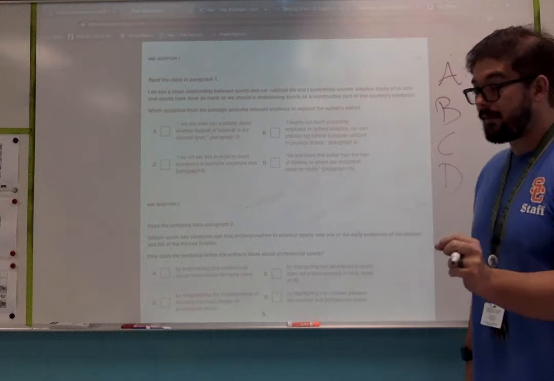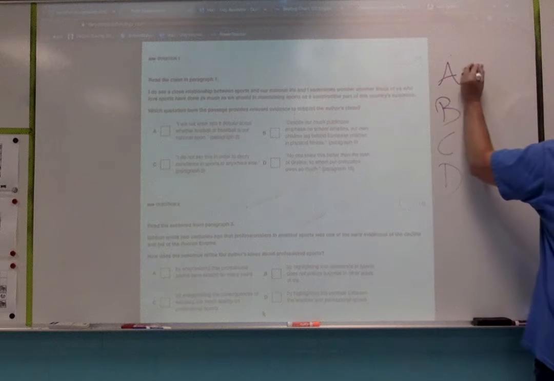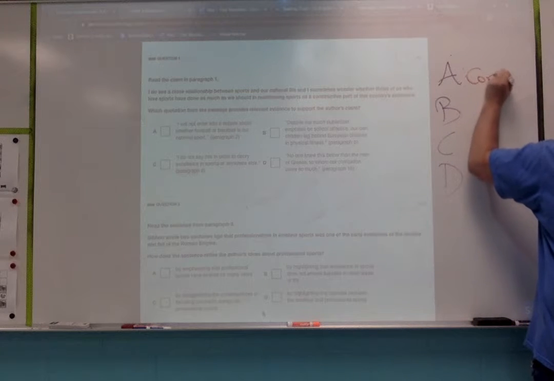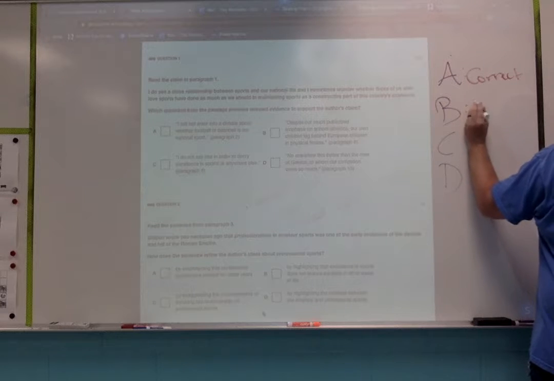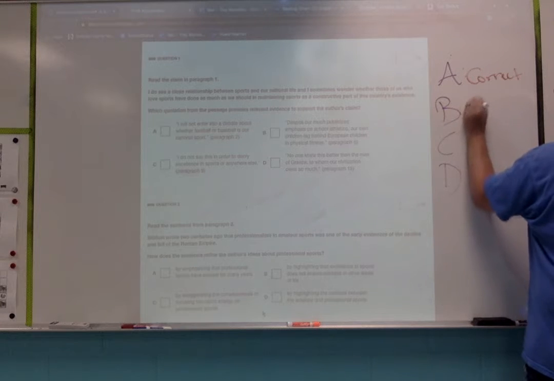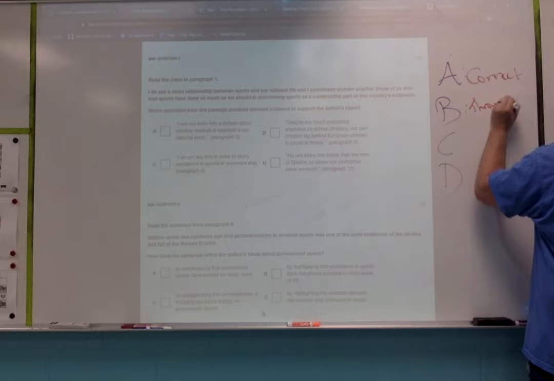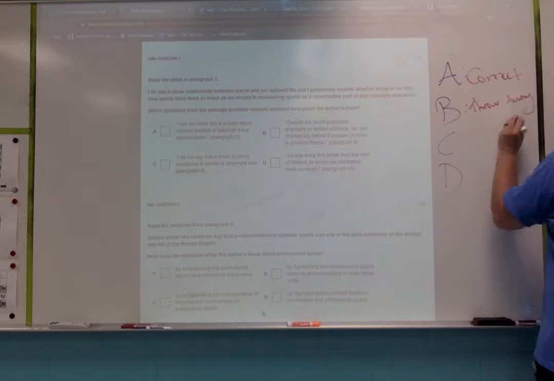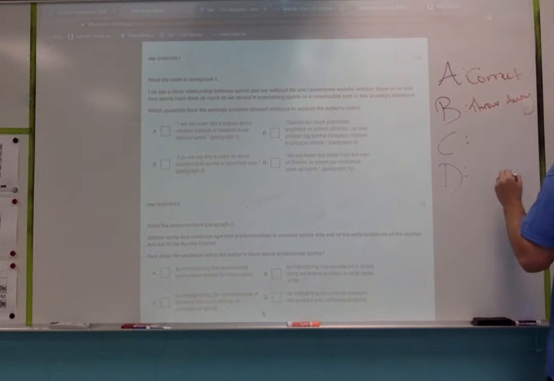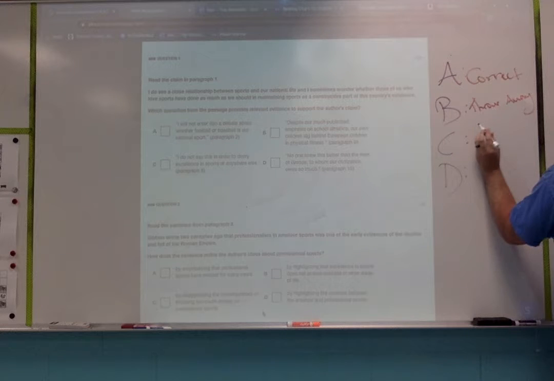And I say generally very lightly there. So we usually always have a correct answer, a throwaway answer, then we have 2 very close correct answers. I'm going to put almost correct.